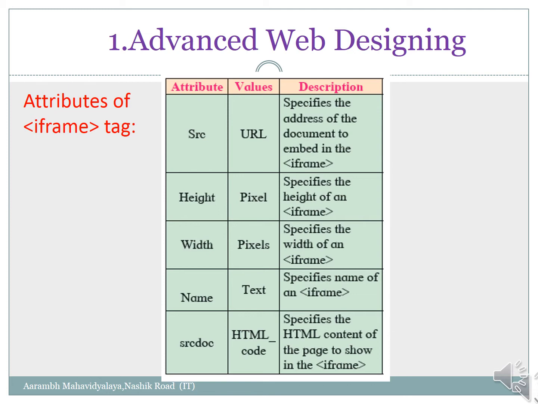The second attribute, height, is the height of the iframe window, specified in pixels. The third attribute, width, specifies the width of the iframe window in pixels. The fourth attribute is name, which specifies the name of the iframe window. And the last attribute, srcdoc, specifies the HTML content within the iframe window.